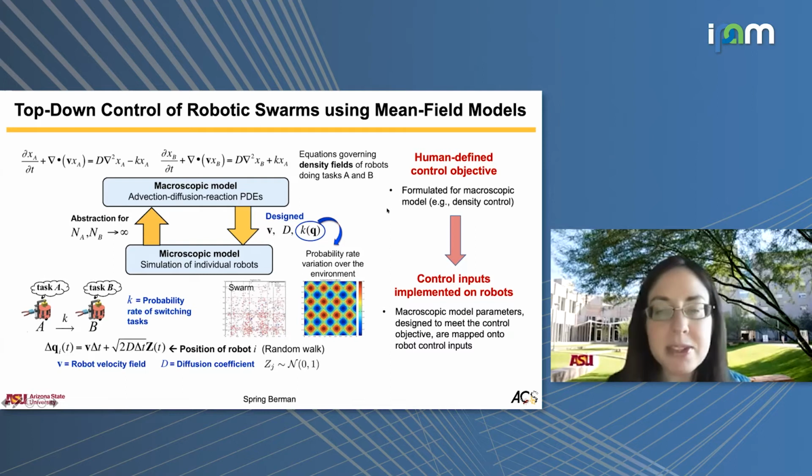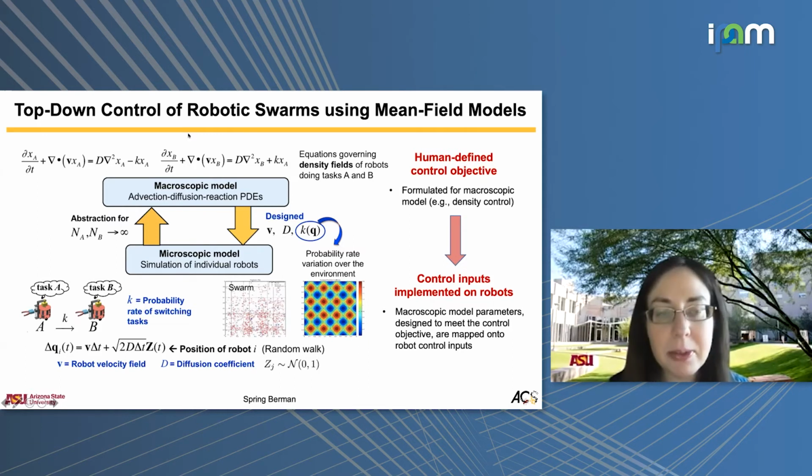So once you have these parameters, now you have control inputs that you can program onto each robot. And then if you let the swarm go, on average, the swarm will exhibit the desired behavior that you specified at the macroscopic level. Okay, so this is one way to incorporate human input into a distributed robotic system.